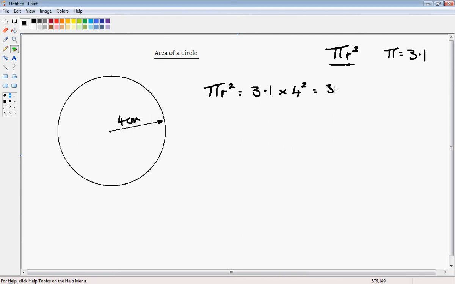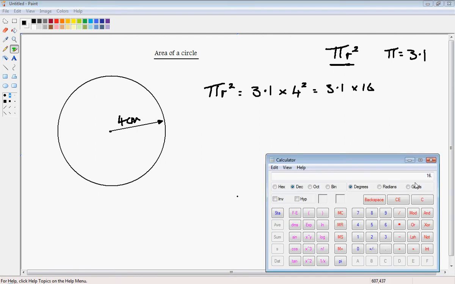Okay, so this is 3.1 multiplied by 16. Okay, so now we just do that. So I've got my 16 here, and now multiply that by 3.1, and I get 49.6.